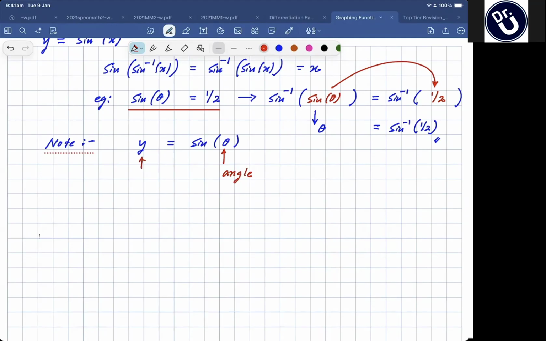This y is a value. So what the sine function is doing is converting an angle to a value. That's what the sine function is doing. Right? Good.